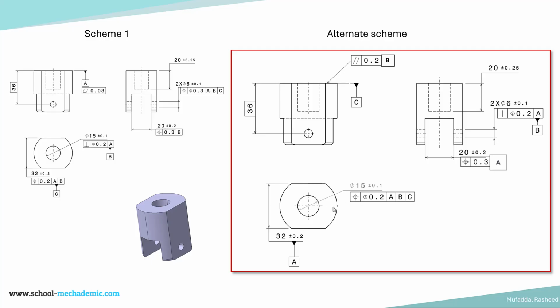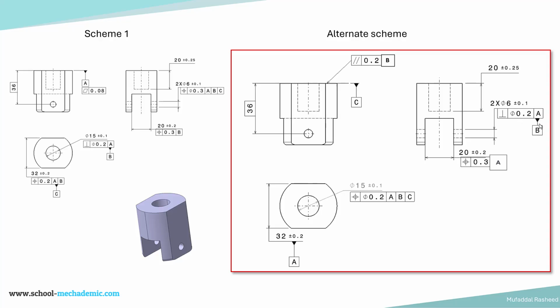So basically we are controlling the orientation, the perpendicularity of the axis of the holes with respect to the center plane of the width. So this line indicates the center plane of the width, and we are controlling the perpendicularity of these two holes with respect to this center plane. That is what we are controlling, and this is datum feature B.